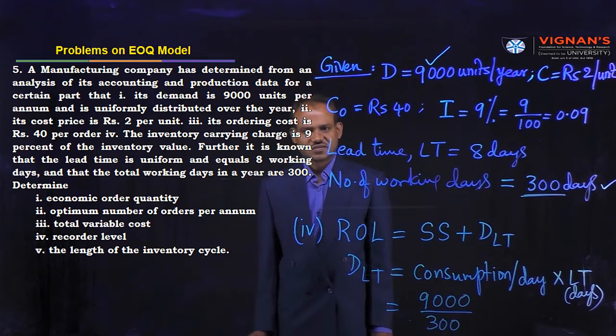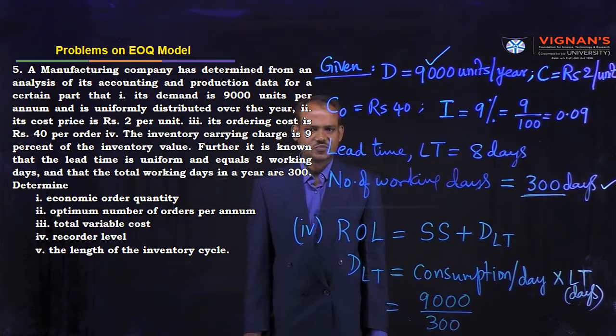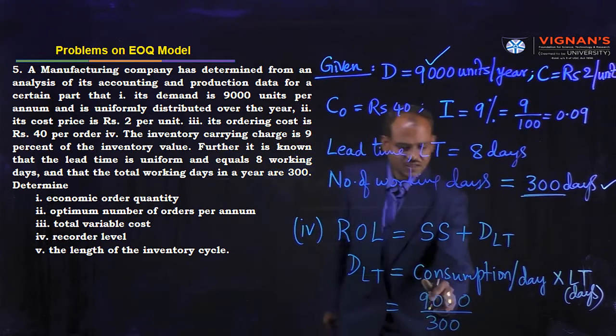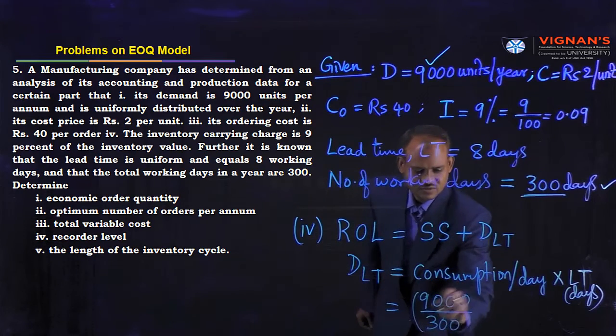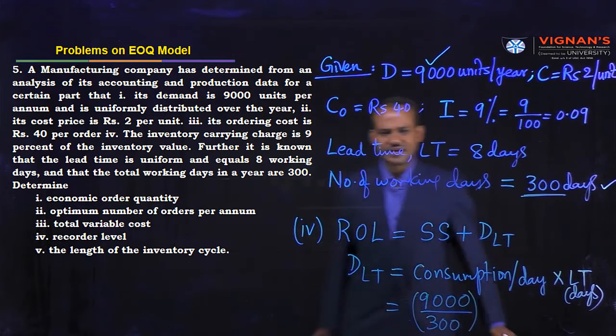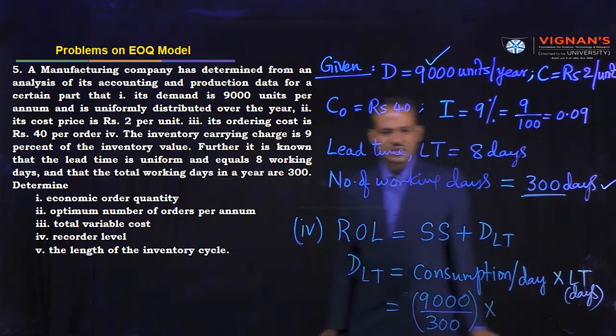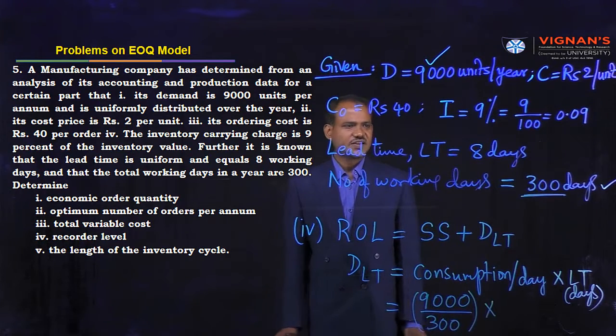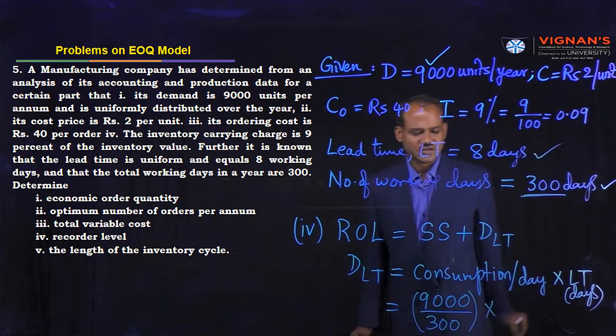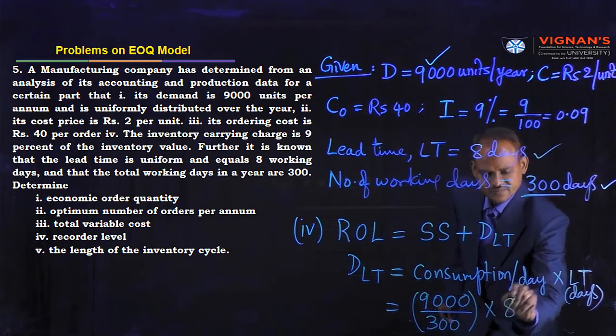Already told, the item is consumed uniformly over the year. So 9,000 divided by 300 into the lead time of 8 days.